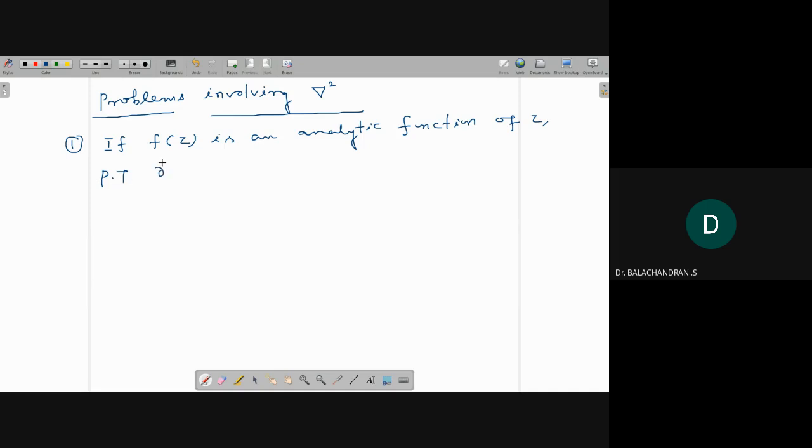dou square by dou x square plus dou square by dou y square. Actually, this is del square. So you know that del square of modulus of f of z whole square is equal to 4 times modulus of f dash of z whole square.